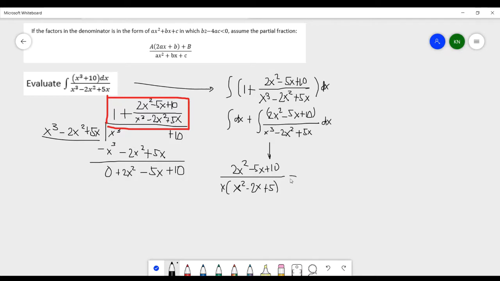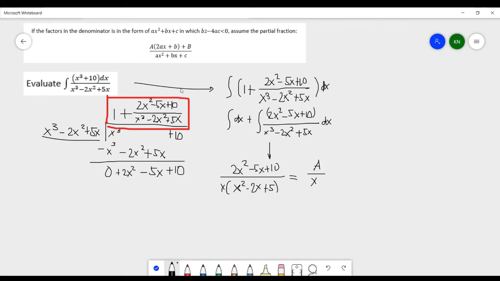Afterwards, we can decompose this into partial fractions. We have A, and the denominator is x, as you can see. For this quadratic, if you try to find the roots, it is not a perfect square, so it will yield an unknown factor.